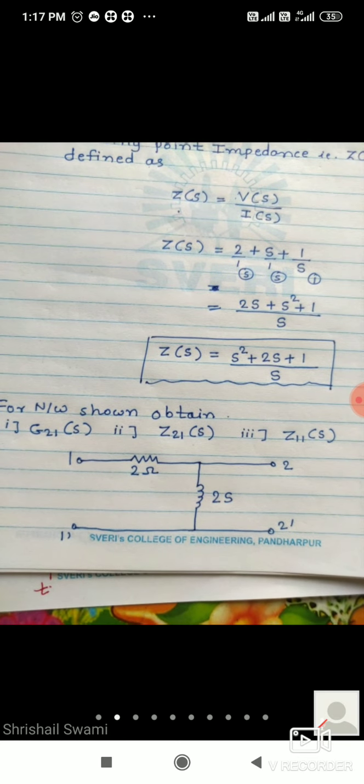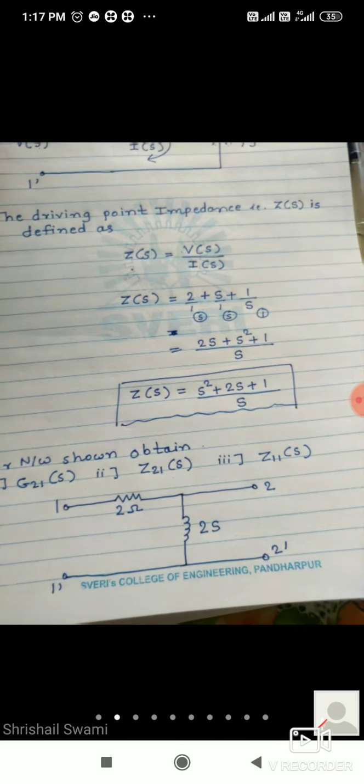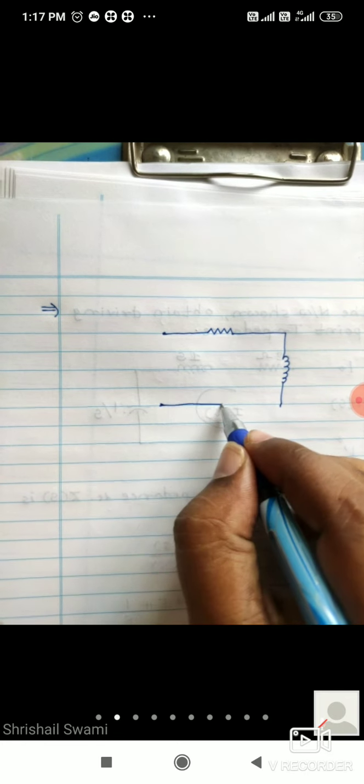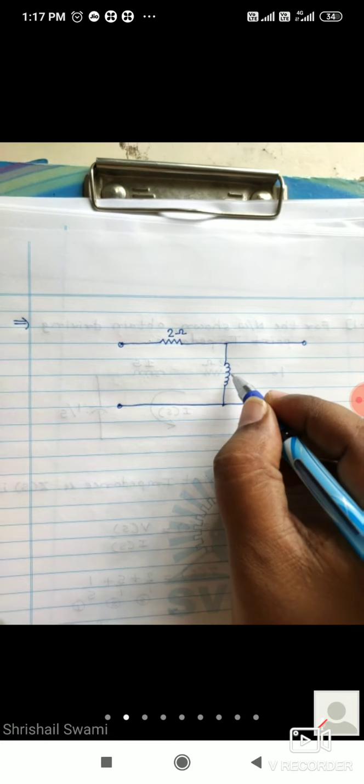So how can we start? Okay, so we'll start to solve this one. First of all, we will redraw the circuit or network, and properly mention all the variables so that we can get the answer of all. So this is the 2 ohm given, this is the 2S, this is 2 dash, 1 dash.